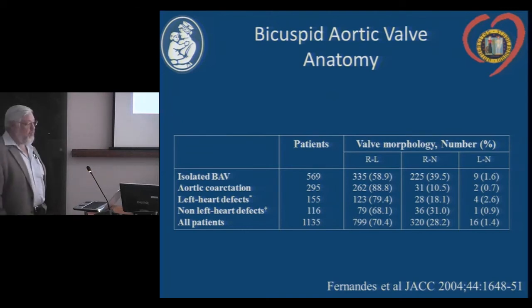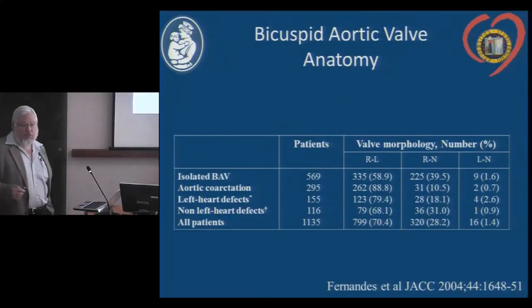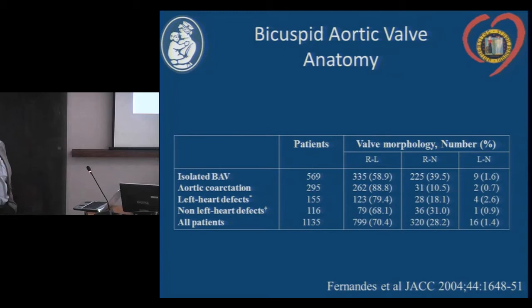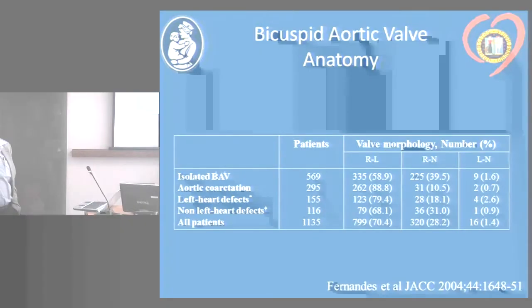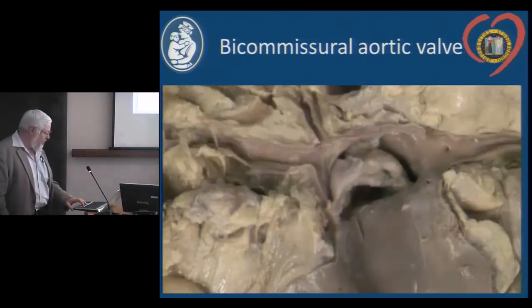So it's very specific in coarctation. Whereas patients who have more progression of aortic stenosis, of intrinsic valve disease, are more likely to have right non-commissure involvement. So there really does seem to be some implications as far as outcome is concerned on the anatomy of the valve.